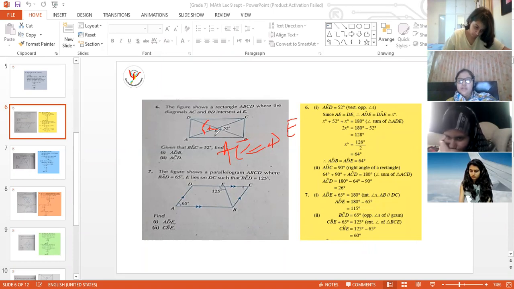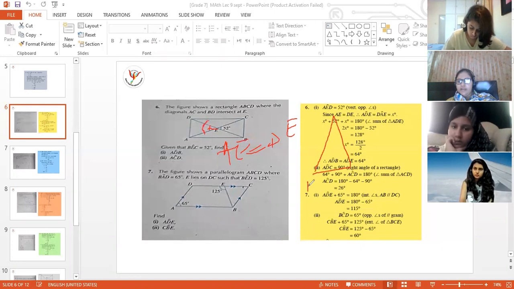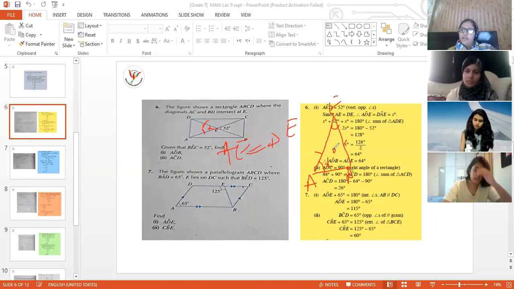Is this clear? AE is equal to DE and this angle at E is already 52 degrees. Now if I look at triangle ADE, where two sides are equal and this angle is 52 degrees, we don't know the value of these two angles, so I can assume that this is X degrees. In a triangle where two sides are equal, the triangle is isosceles and the base angles will also be the same.